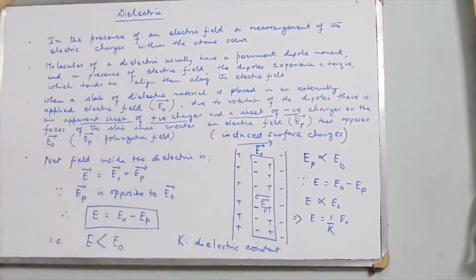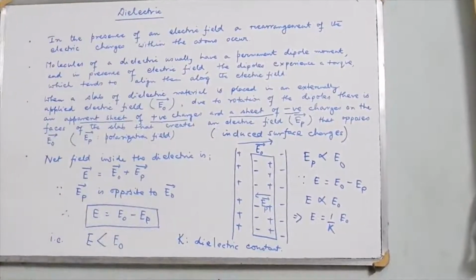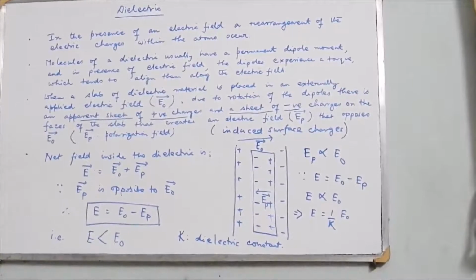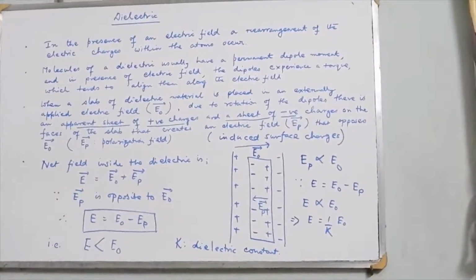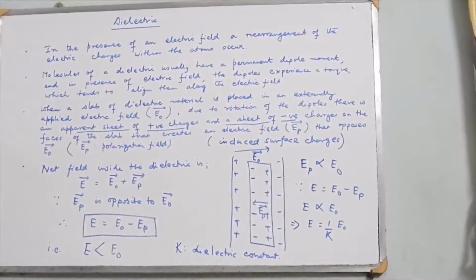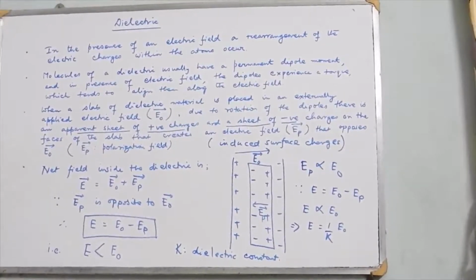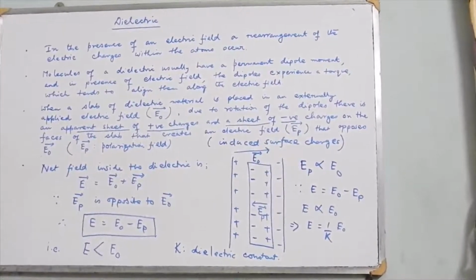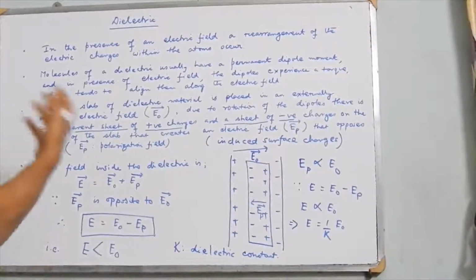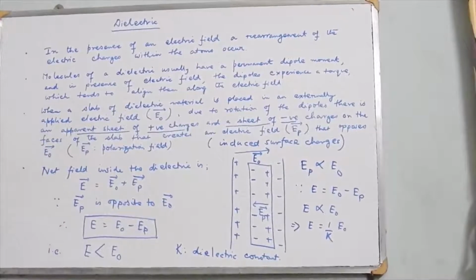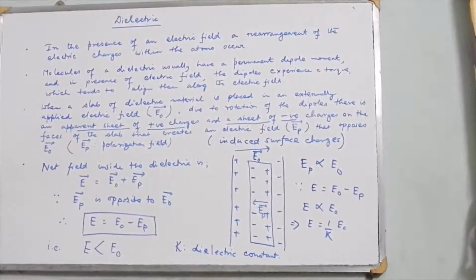So the net effect is that the presence of the dielectric has reduced the externally applied electric field, because the dielectric gets polarized in the presence of the externally applied electric field. Now sometimes there are dielectrics which are polar by nature or which are non-polar by nature.